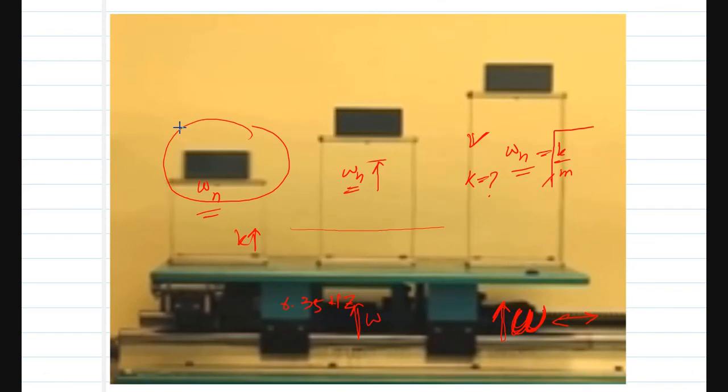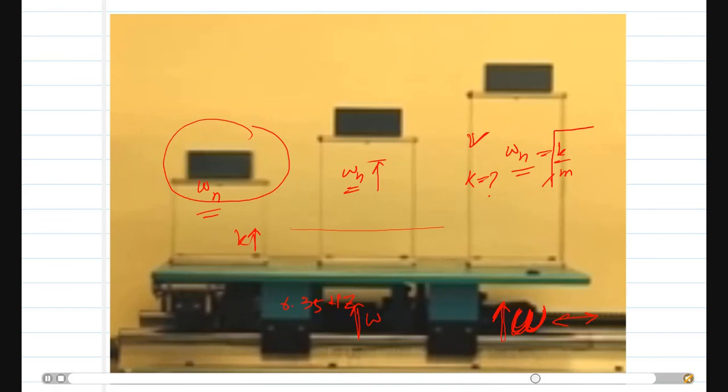Now you can see closely that both of these masses are relatively still, but this mass is trying to vibrate, and you can observe the resonance when it reaches a sufficient amplitude of vibration, which is definitely higher than the normal vibration amplitudes.